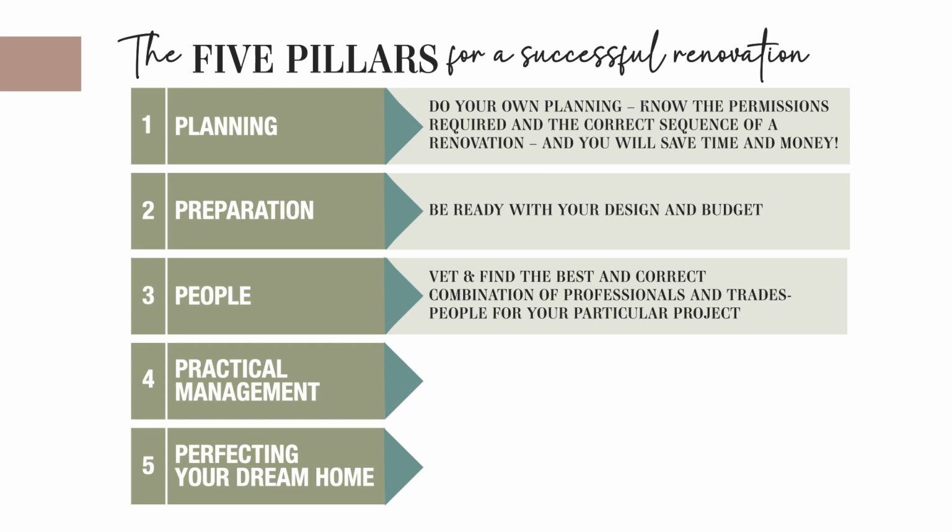This is also the stage you can get your contract in place: once you've decided on your contractor or builder, you start getting your contract in place with them. So pillar 3 is really the stage where you bring all your people together, and you get to that stage just before you kick off on site.